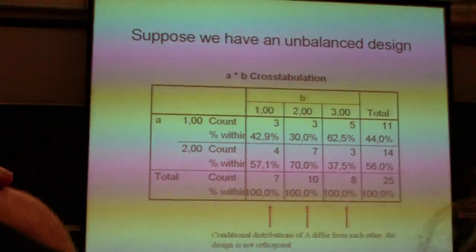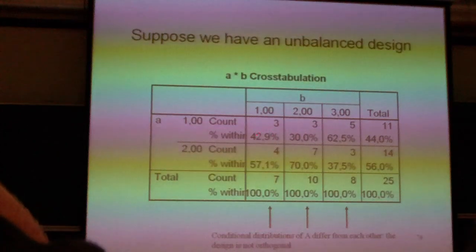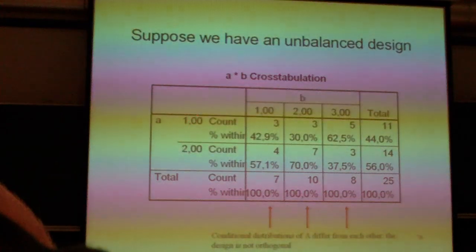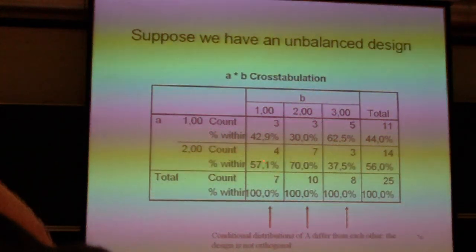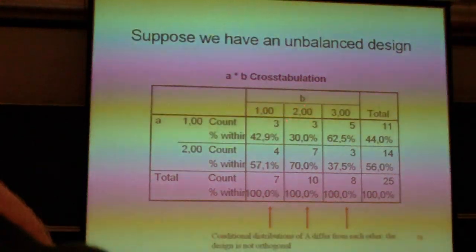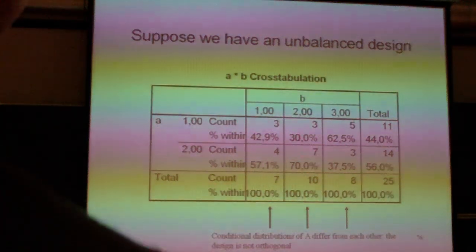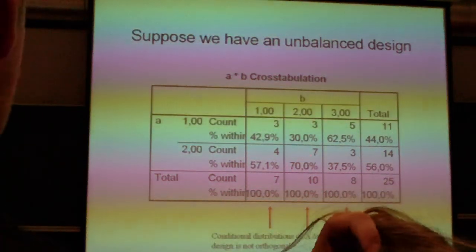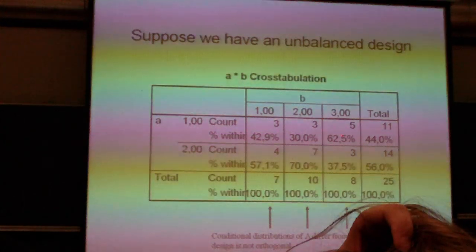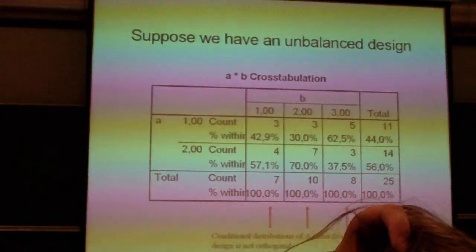You can see that under the B1 condition, 43% of all participants had the A1 group, and 57% of all participants had the A2 group. However, in the B2 condition, 30% had the A1 group, and 70% had the A2 group. And lastly, in the B3 condition, 62.5% had the A1 group, and 37.5% had the A2 group.